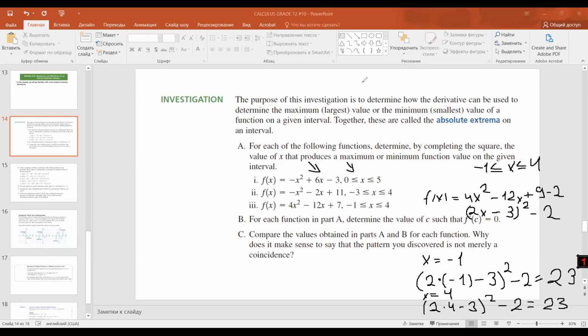X equals negative b, so it would be negative 6 over 2, negative 1. That'll be 6. How is the negative 6 over negative 2 equals 6? It's not negative 2. It's 2a. Oh, it is.